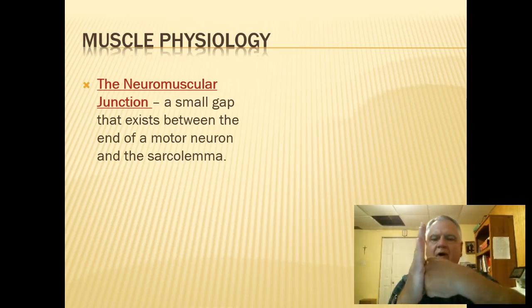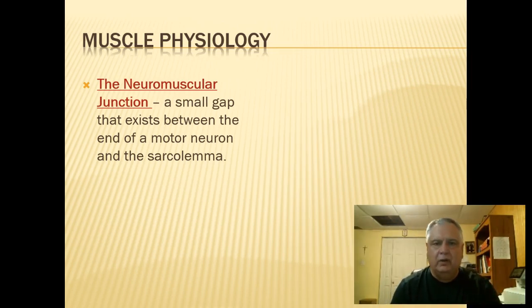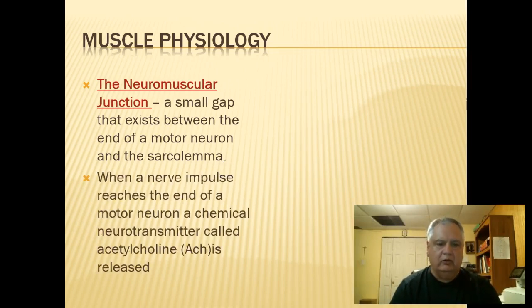The axon terminus is not going to touch the sarcolemma physically, but rather it's going to come very close to it, and there's always going to be a little space between there. That small gap where the neuron meets the plasma membrane, the sarcolemma of the muscle fiber, is called the neuromuscular junction.